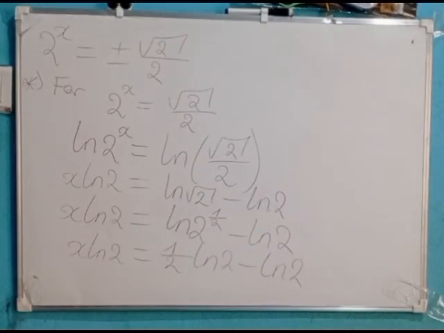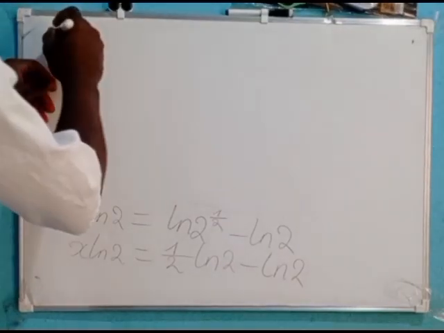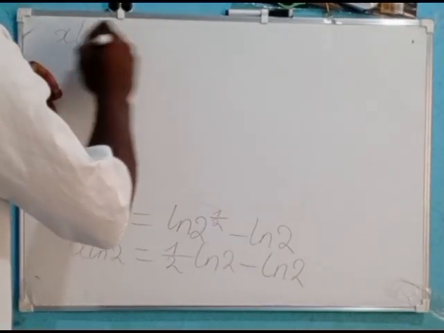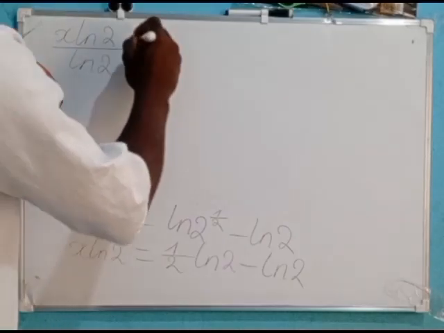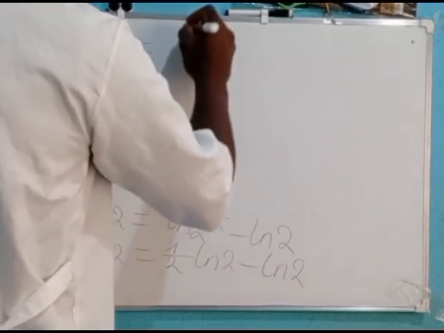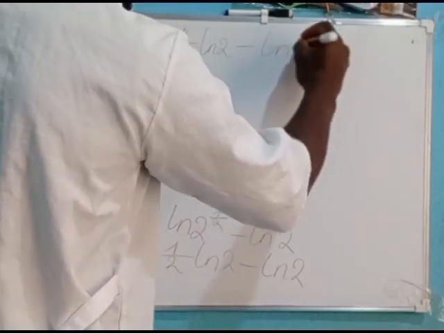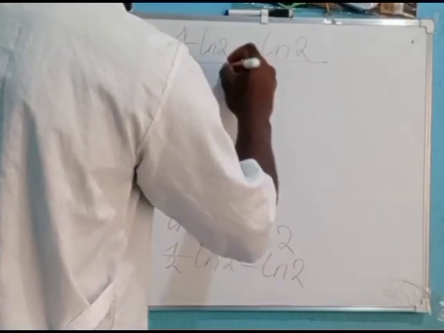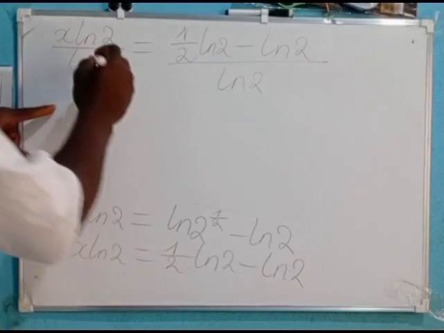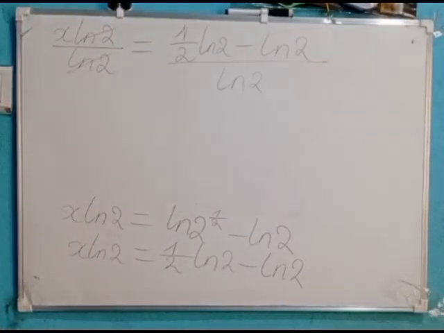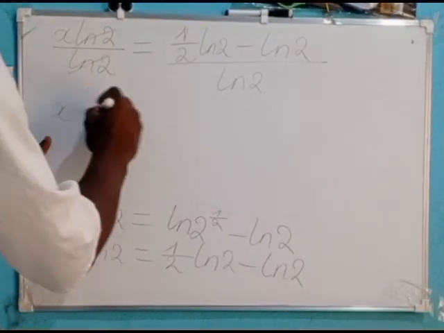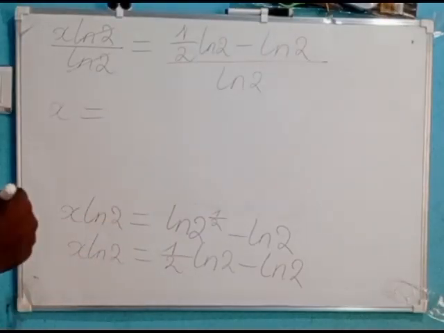We are looking for x. We are going to divide all through by ln 2, which is a constant. Dividing all through by ln 2, x ln 2 divided by ln 2 is equal to a half ln 2 minus ln 2, and we divide all this by ln 2. Ln 2 will strike off ln 2 here. x will simply be equal to, at the numerator we can factor out ln 2.